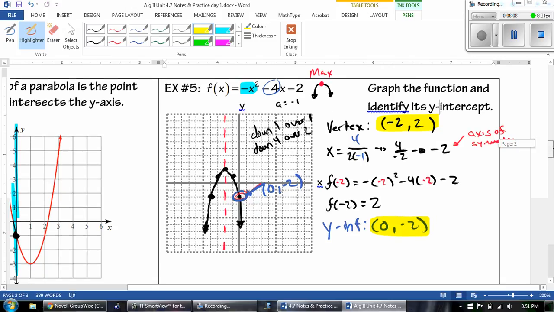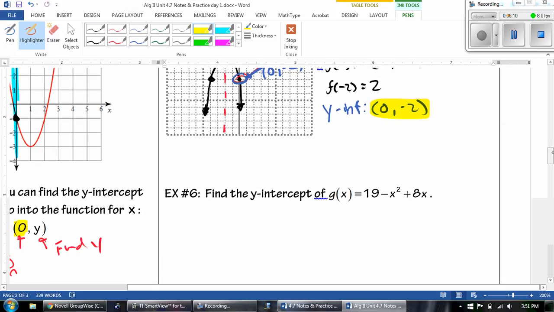Okay, so find the y-intercept of g of x equals 19 minus x squared plus 8 times x, sorry guys. Remember that the y-intercept is when x equals 0. So we have g of 0 equals 19 minus 0 squared plus 8 times 0.